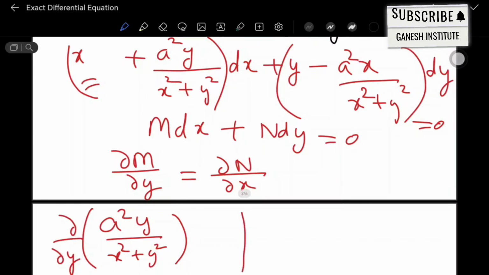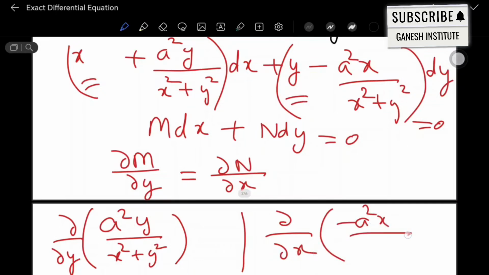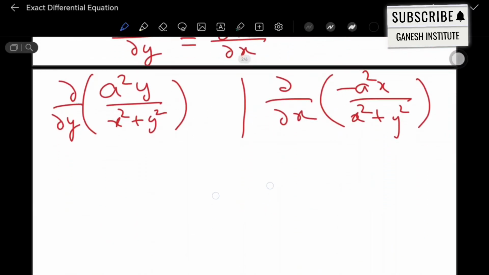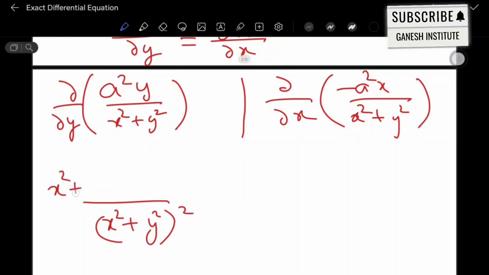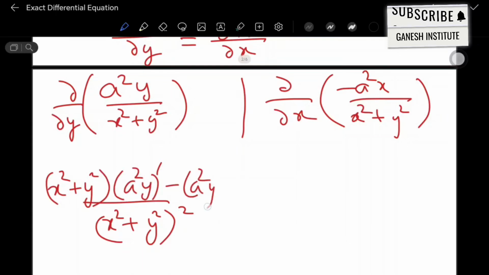And here I have, for x, I'm not considering y, only minus a square x upon x square plus y square. Okay, let's do it. So here, what do we do in the quotient rule? Denominator square, denominator as it is, derivative of numerator minus numerator as it is, derivative of denominator.